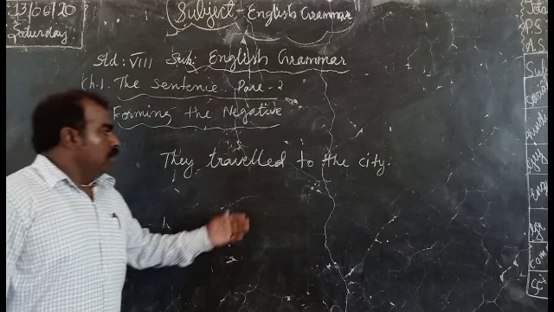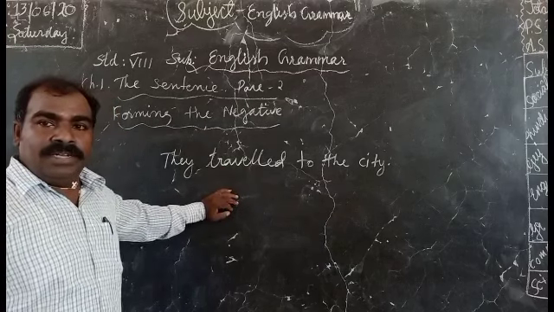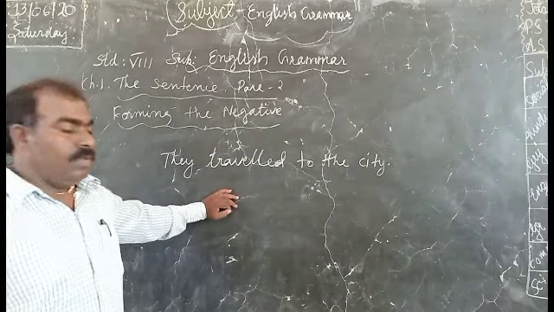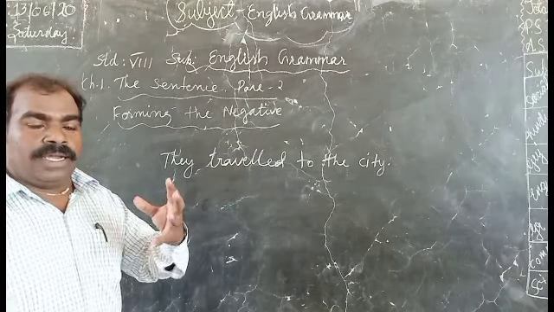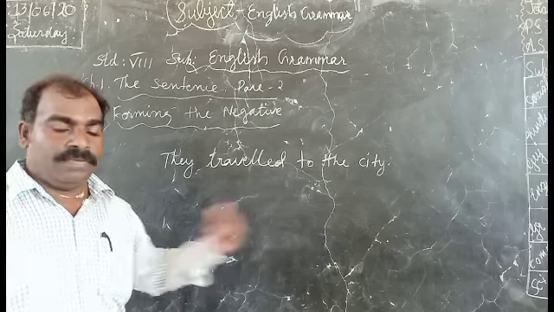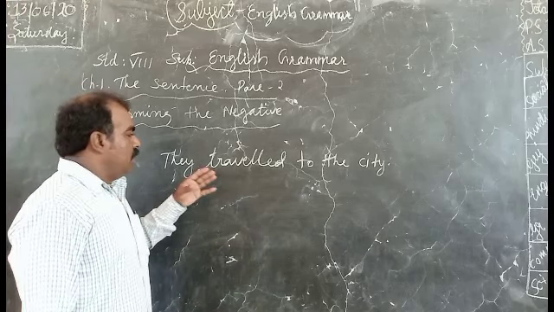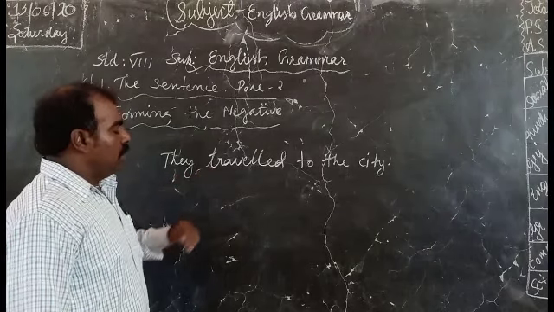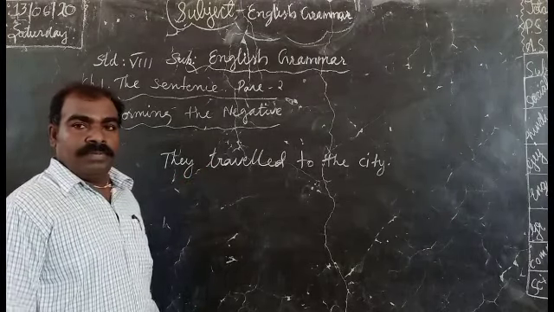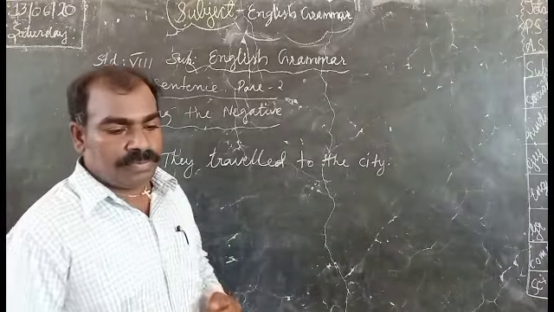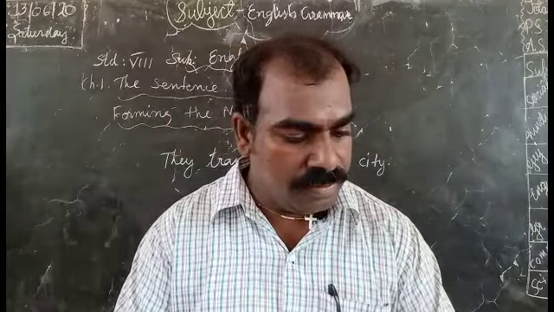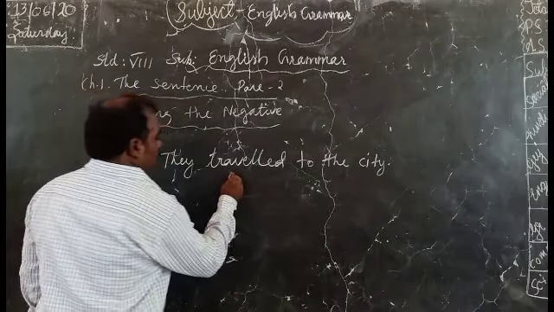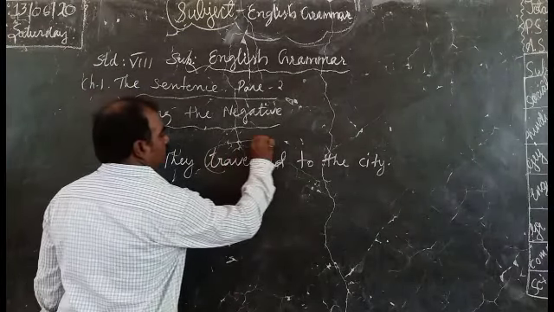If there is an auxiliary verb, it is very easy to make the negative form by adding the word not after the auxiliary verb. But in this sentence there is no auxiliary verb. How to make it negative? Look at this word, traveled.